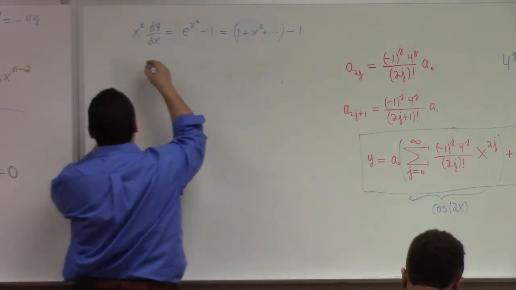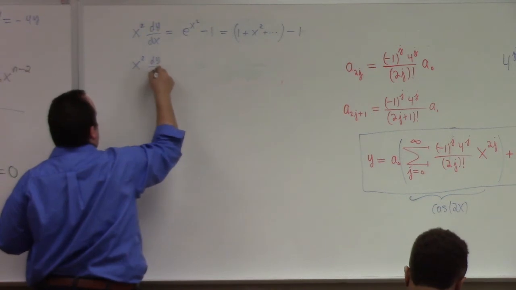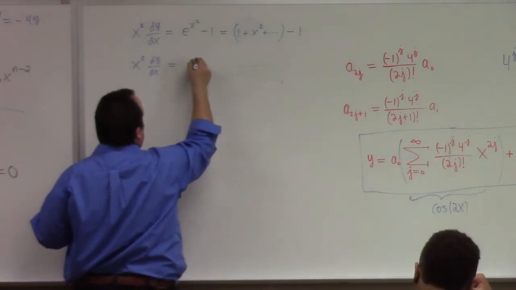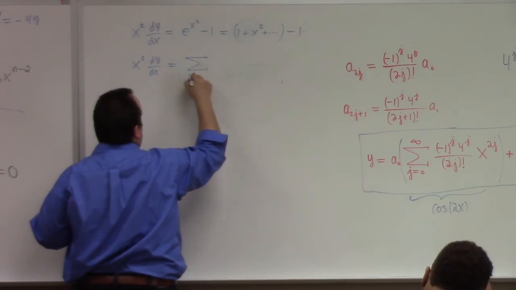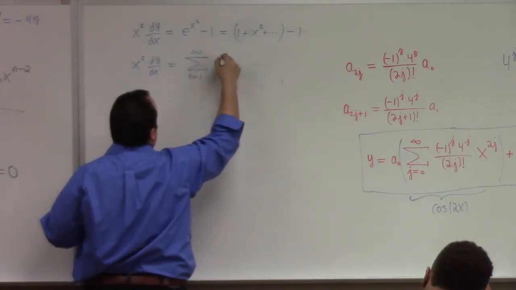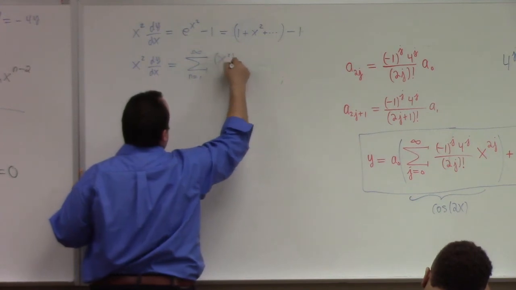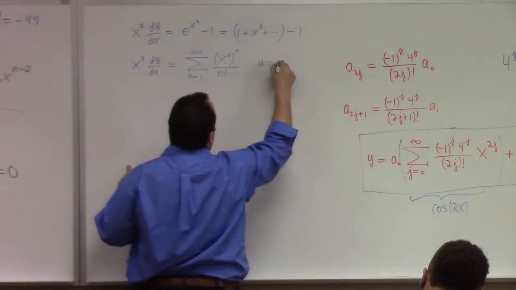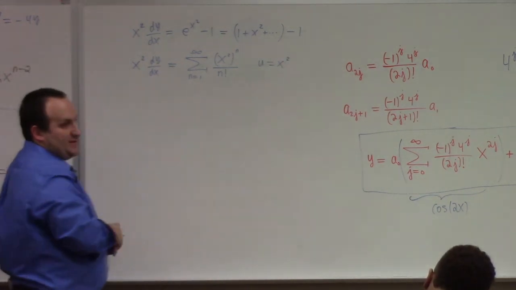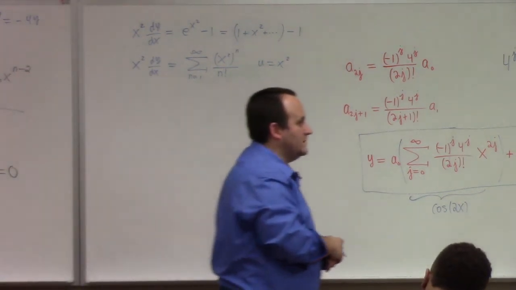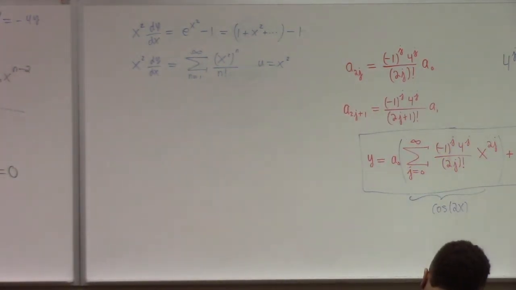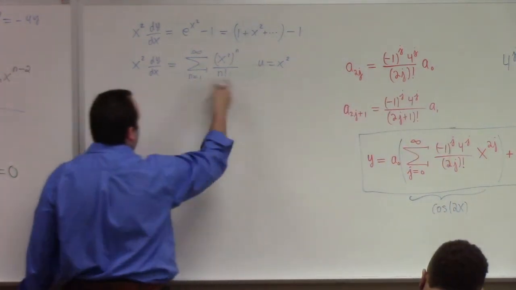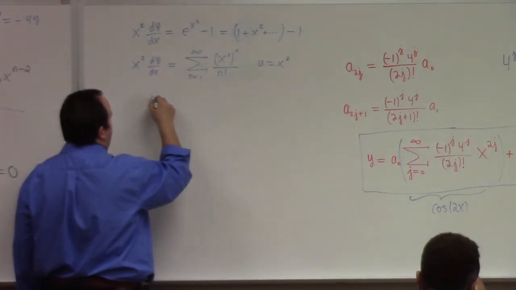And so what you have is x squared dy dx is equal to the sum, n equals 1 to infinity, of x squared to the n divided by n factorial. I'm making a u equals x squared substitution, and why am I not starting it at 0? That 0th term canceled out, so I got rid of it. So instead of starting at 0, I start at 1. But then I can divide by x squared, right?